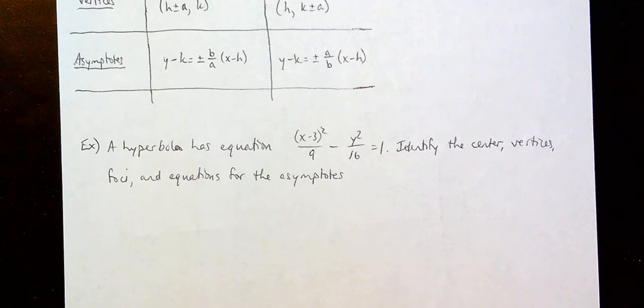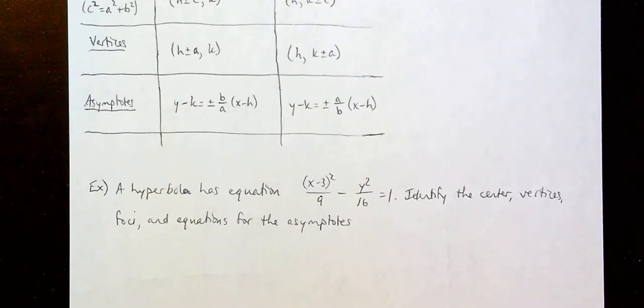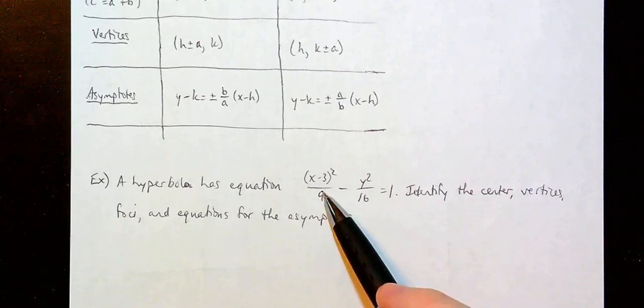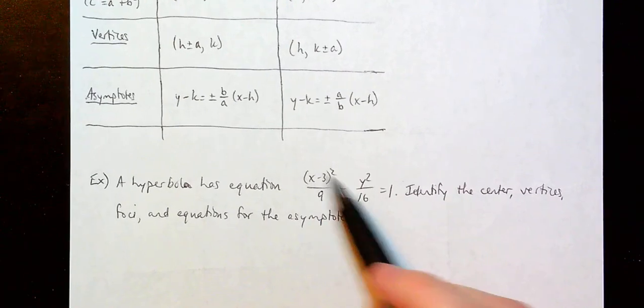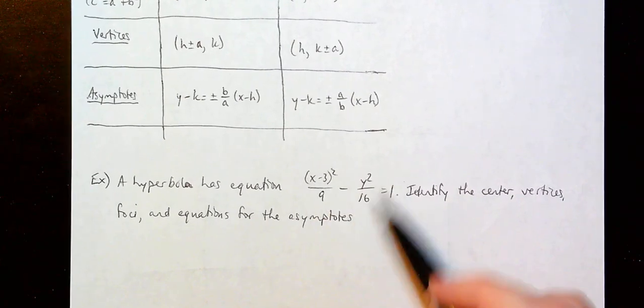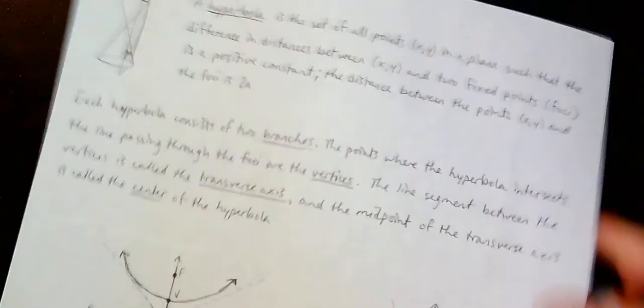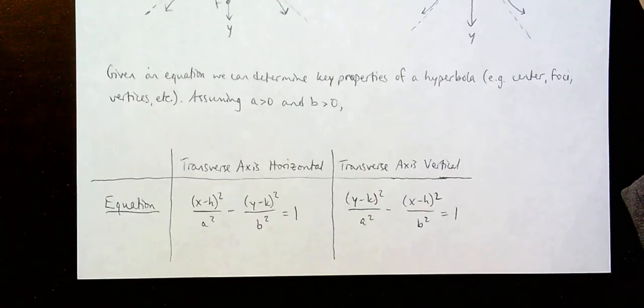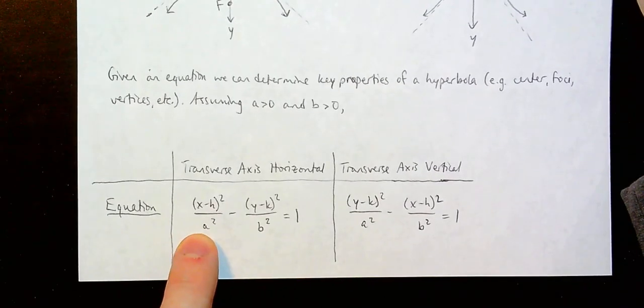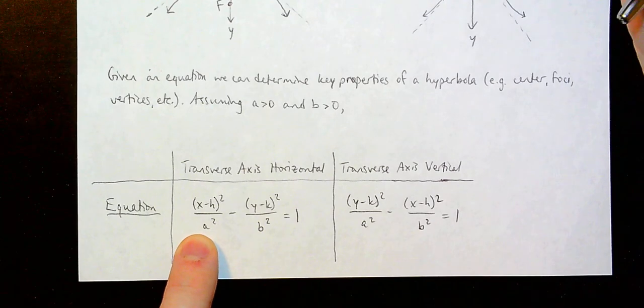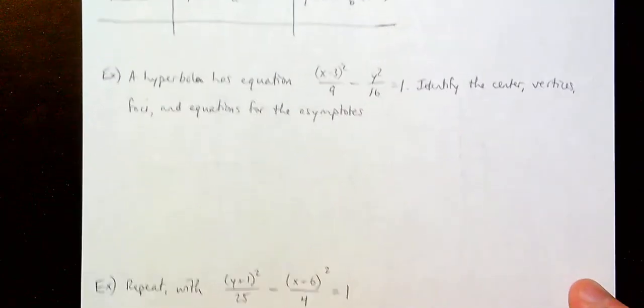We need to identify the center, vertices, foci, and equations for the asymptotes. So just looking at the equation, we have the x term listed first and the y term listed second. If the x term is listed first, like it is here, then we know that this has to have a transverse axis that is horizontal. So that's something we can just note here.